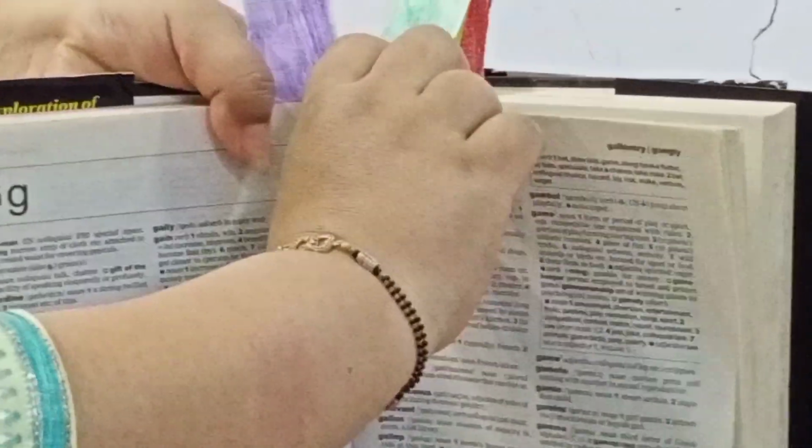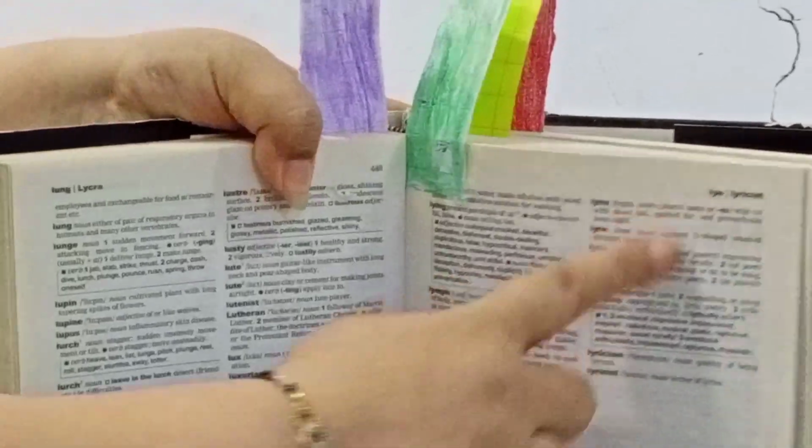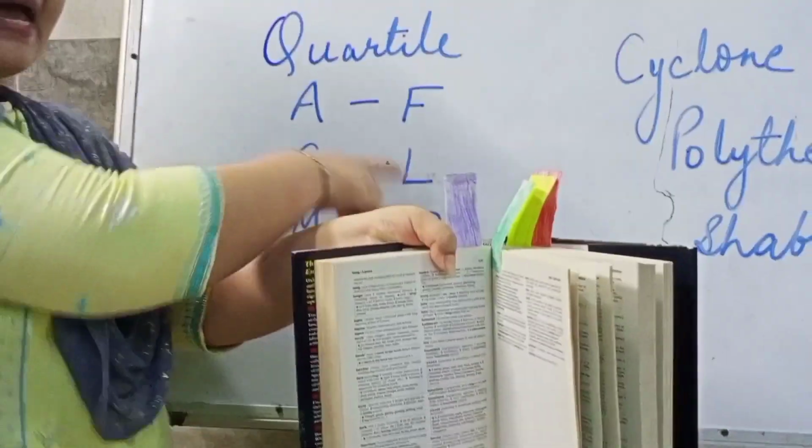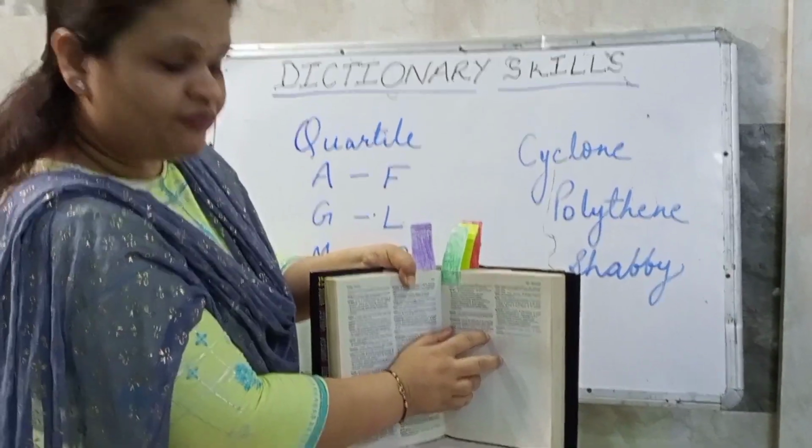Now from here till that green bookmark, directly you can open that. Our second quartile is G to L. This is the last page of L.